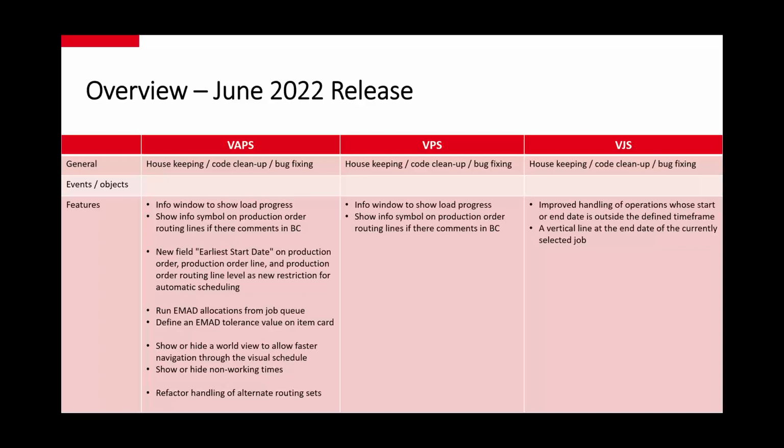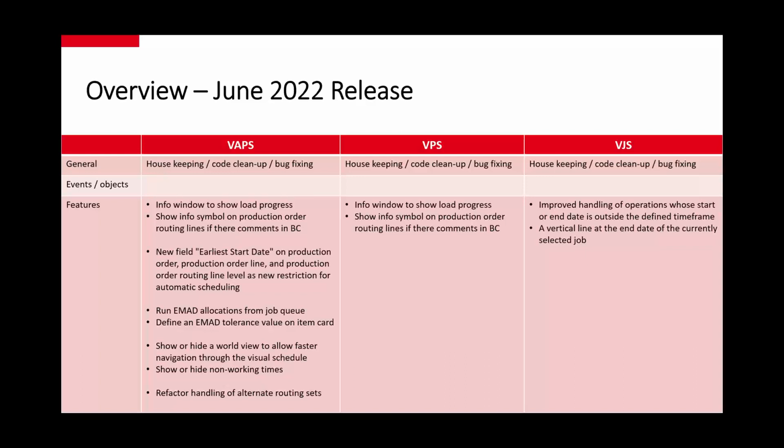When you had one of these runtime or setup multipliers set to 0, this could end up in crazy results. Or if you didn't set any machine center in the alternate routing set with a setup and runtime factor of 1, then we could also have some crazy results.